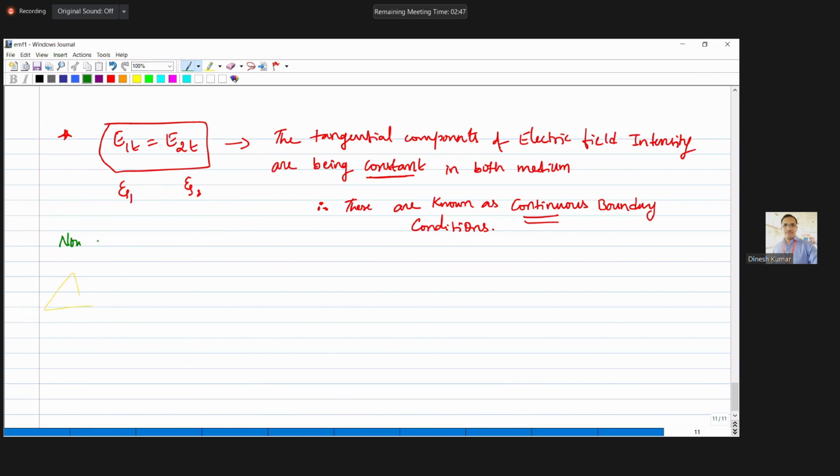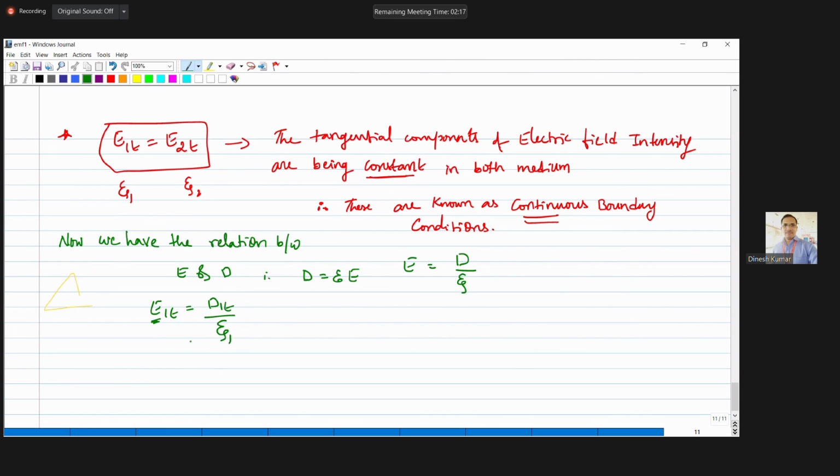Now we have the relation between E and D, that is D is equal to epsilon into E. So the E value can be written as D by epsilon. E1t will be equal to D1t divided by epsilon 1, because it belongs to the epsilon 1 medium.